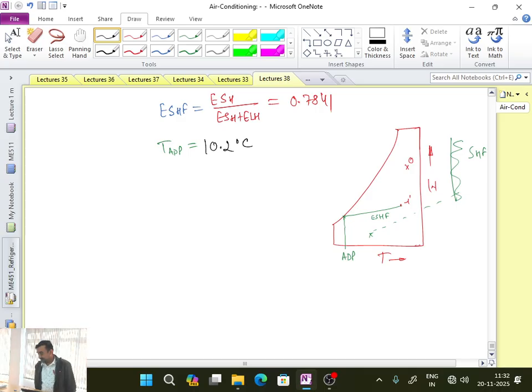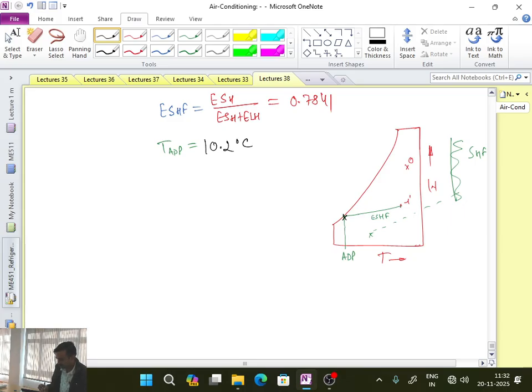Okay. Now if you know ADP, you know the bypass factor. Can you calculate state 2? Yes. How can you calculate state 2? Please tell me. I am drawing the ESHF line.